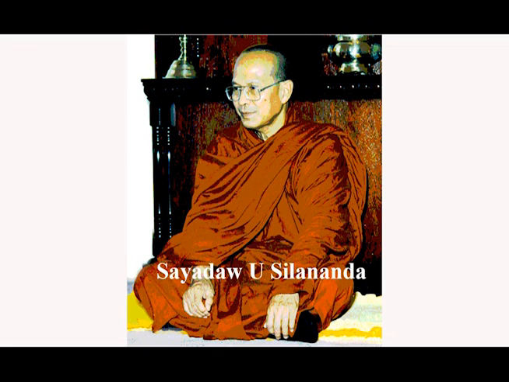Then again he eliminates sustained application, so the third jhana has only 3, and then he eliminates piti, so the fourth jhana has only 2: happiness and ekaggata.